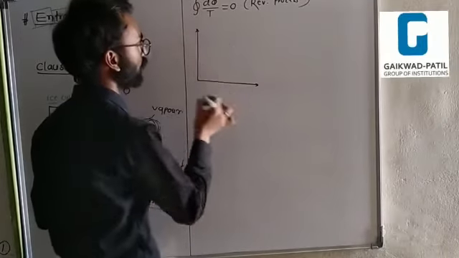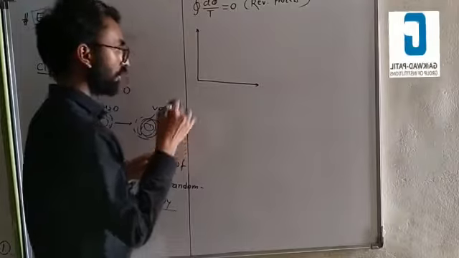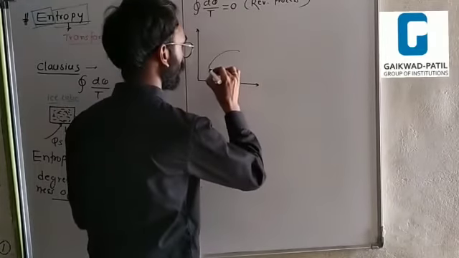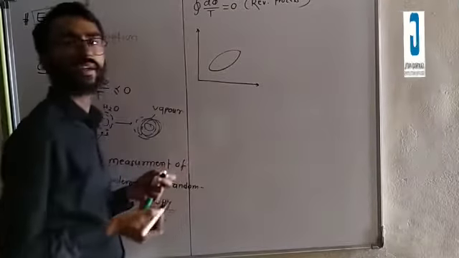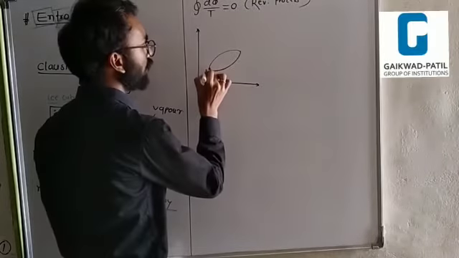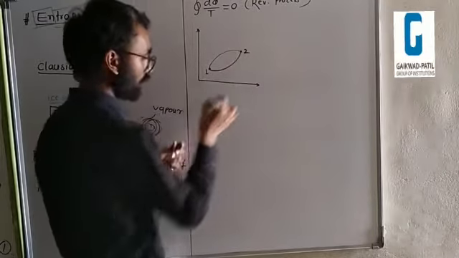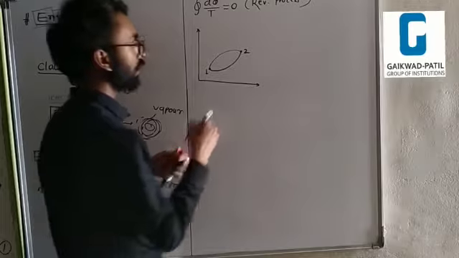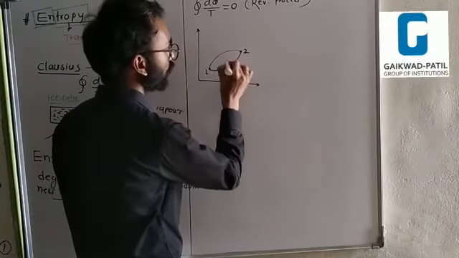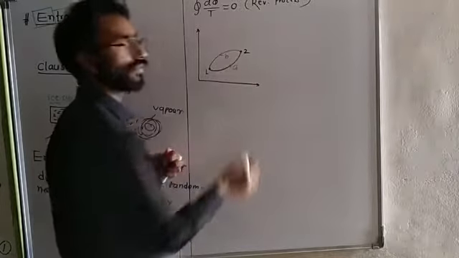This one is the first cycle. This one is point 1 and this one is point 2. If I go by some path A, A is one path and B is another path.